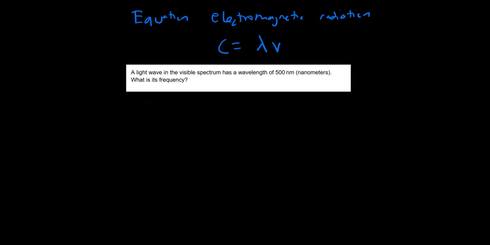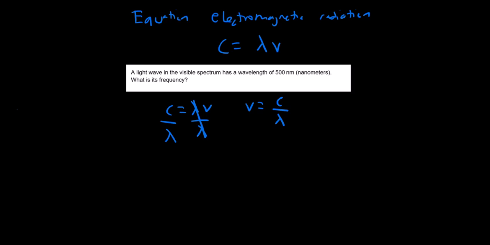So now we have another problem. This time it's asking for the frequency. So we're going to write out the equation, and we're going to get frequency on one side because we're just solving for the frequency. So the frequency is going to be equal to c over the wavelength. But the problem is that the wavelength is given in nanometers, and we want meters.